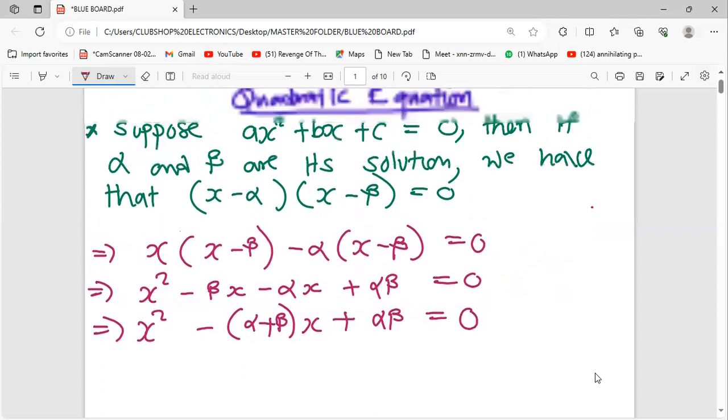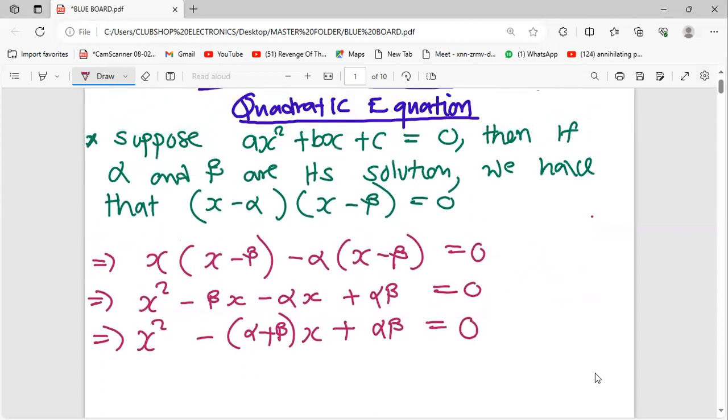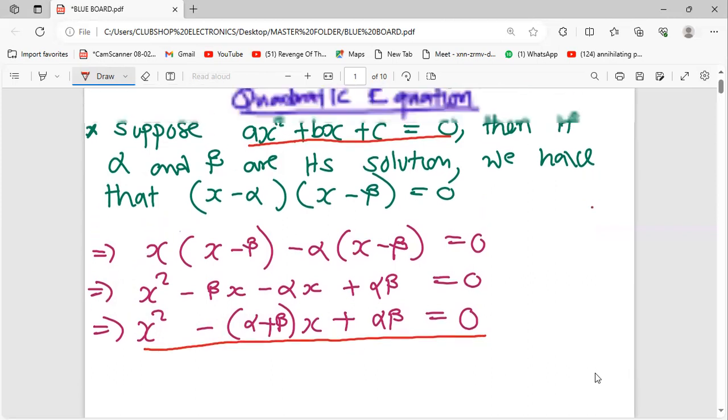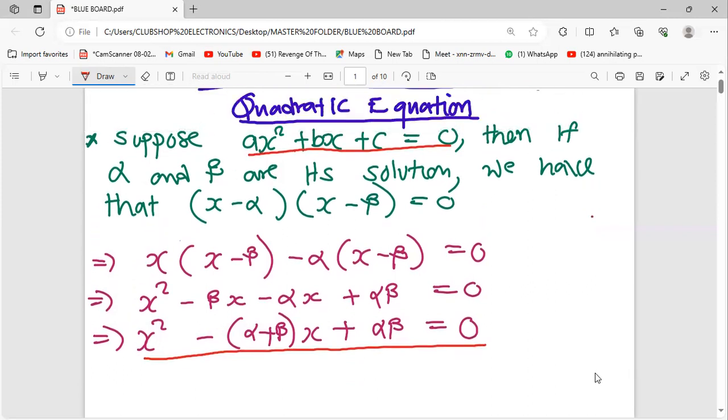Now, if you compare these, these two equations must be the same. But they can only be the same if the coefficients are also the same, implying that if I call this equation 1 and this equation 2, look at the coefficient of x squared in equation 1 and the coefficient of x squared in equation 2.